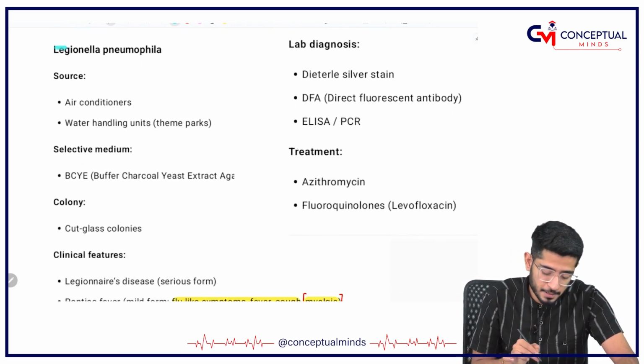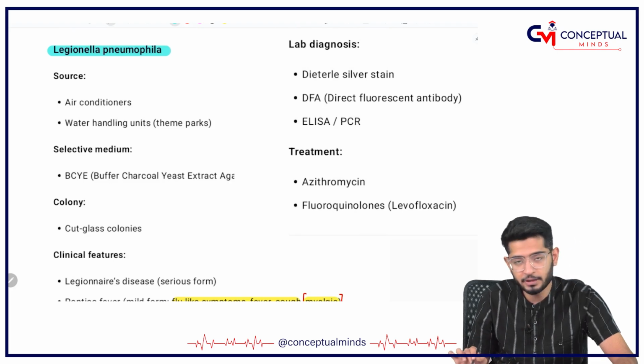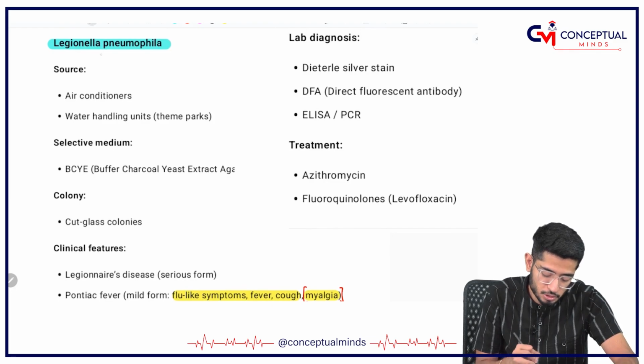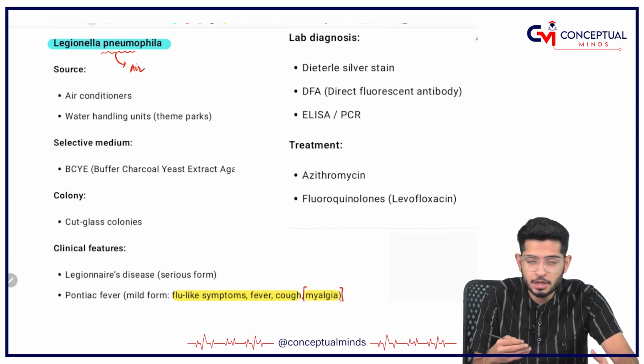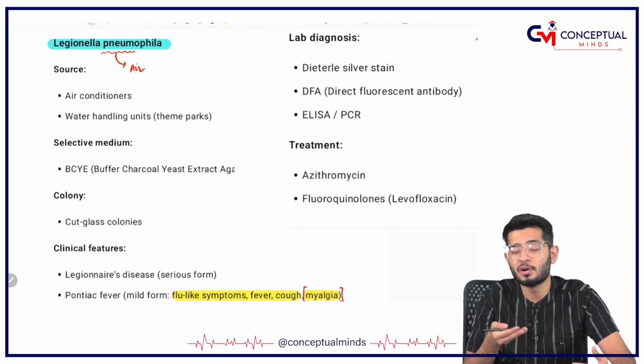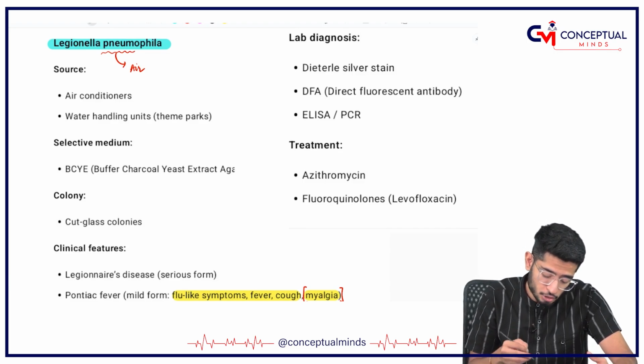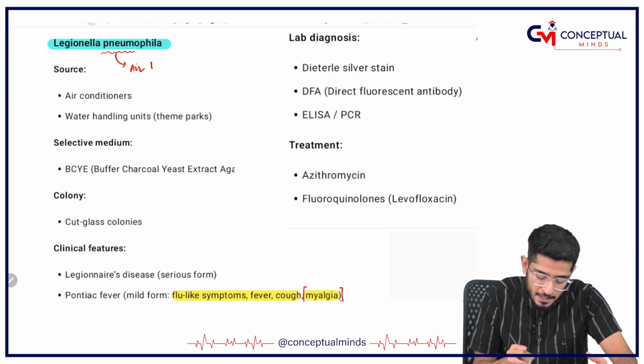Coming on to the last bacteria, that is Legionella pneumophila. Now Legionella pneumophila, pneumo means what? Pneumo means air. Like pneumonia is the infection of air filled spaces, that is lungs. So Legionella pneumophila means air loving.